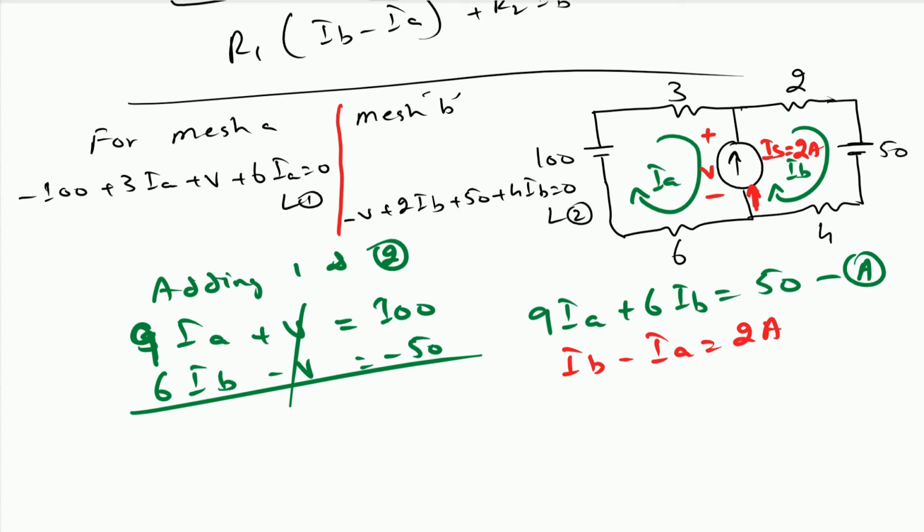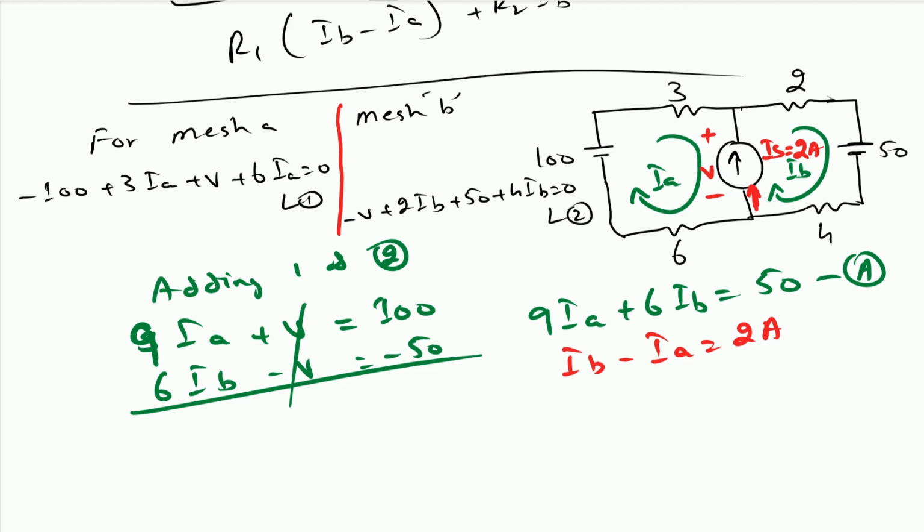This is another condition which is required to solve this given circuit. So we have the first equation, 9 times IA plus 6 times IB equals 50, but this single equation is not capable of giving you a solution.